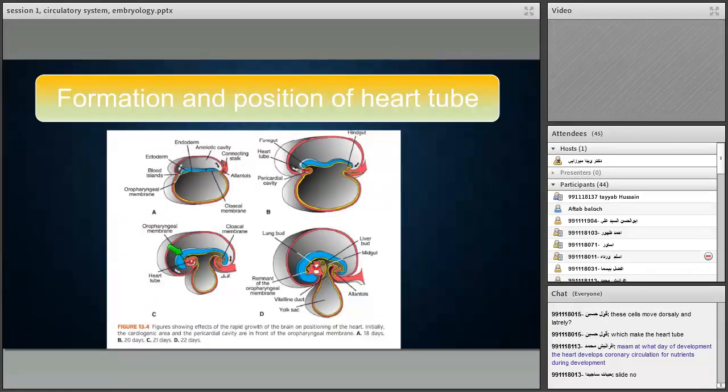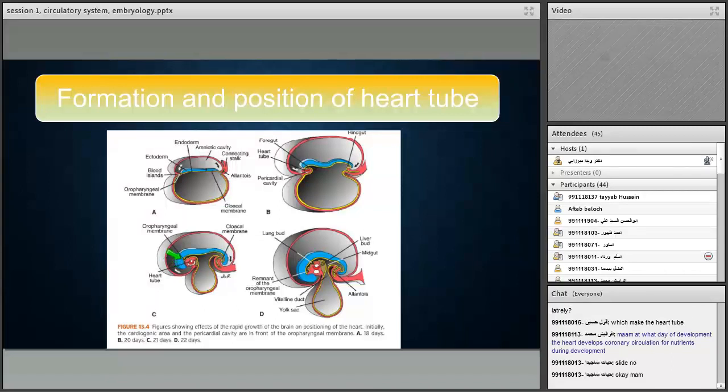Okay. By the growing of the neural tube, the brain vesicles are placing on the cardiogenic place and moving the cardiogenic field near to the neck.